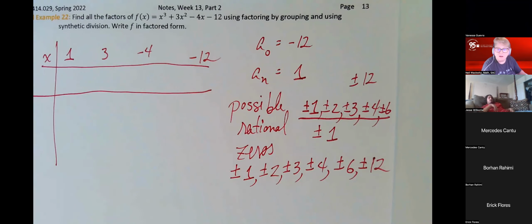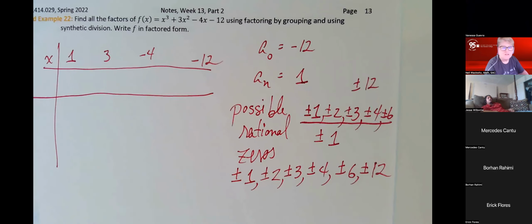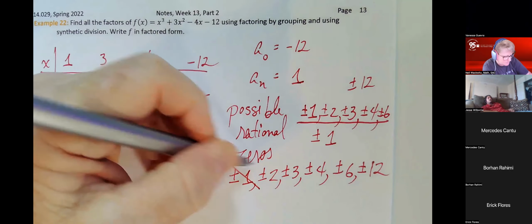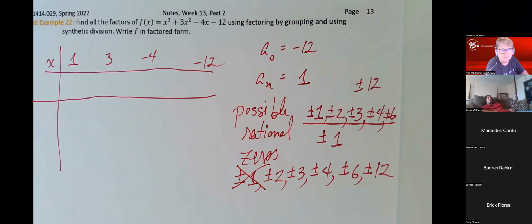Is 5 a possible rational zero? No. That's right. Very good. And we've already done a quick check to see that positive and -1 don't work.